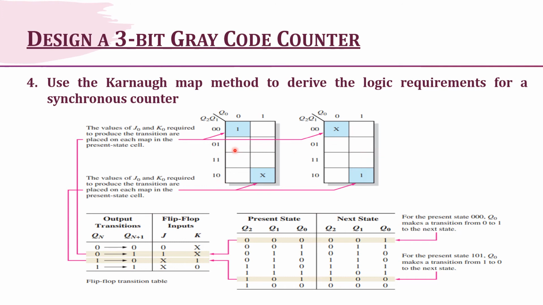Now let's look into the J0 and K0 K-map. Since it is a 3-bit counter, we are taking a 3-bit K-map: Q2, Q1, Q0. The first cell represents the 000 state. Since we are considering the J0 and K0 K-maps, we are looking only at the Q0 values. For the present state 000, Q0 makes a transition from 0 to 1 in the next state.